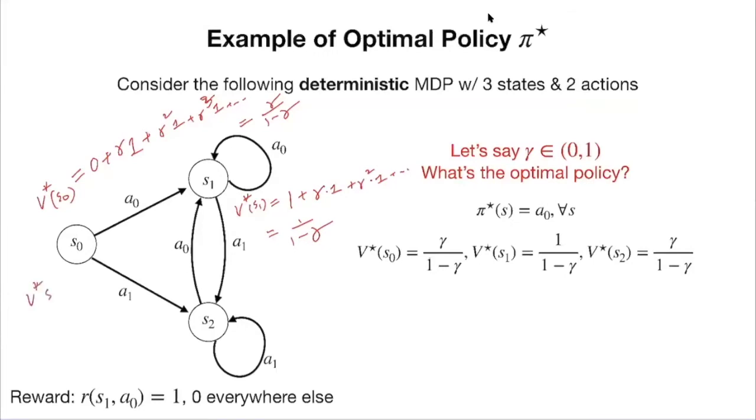V star S0 equals R of S0 A0 plus gamma times V star S1, because it's a deterministic transition, meaning that if you take action A0 at S0, you deterministically transit to S1. So we replace the expectation by just this deterministic transition. And if you plug in the values, this is 0, this is 1 over 1 minus gamma. This is exactly equal to the V star value at S0.